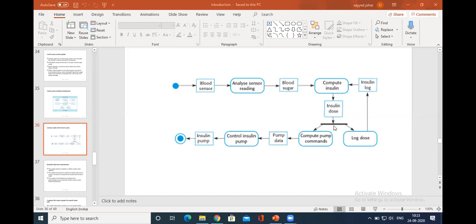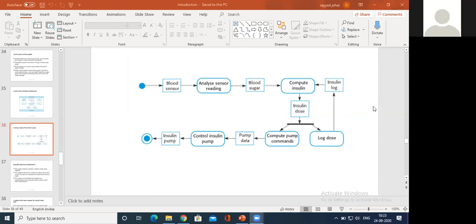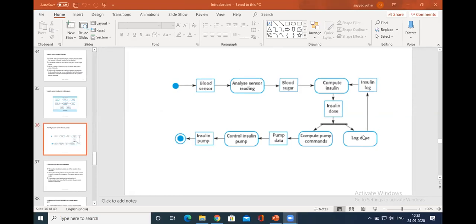Again, this is one of the models of an activity model. So log is nothing but data. How much insulin has been injected to a patient will be recorded in a log file, and it will be stored back again in the insulin log. So it's the same as a small database or a file.